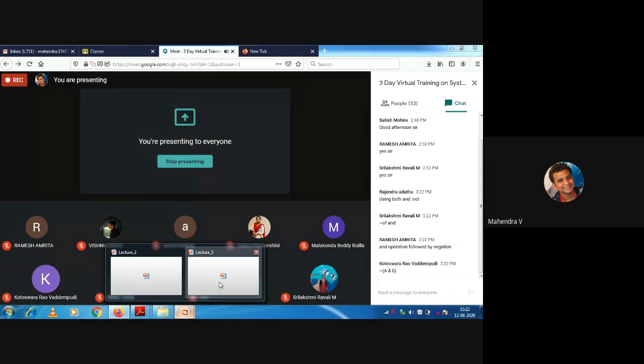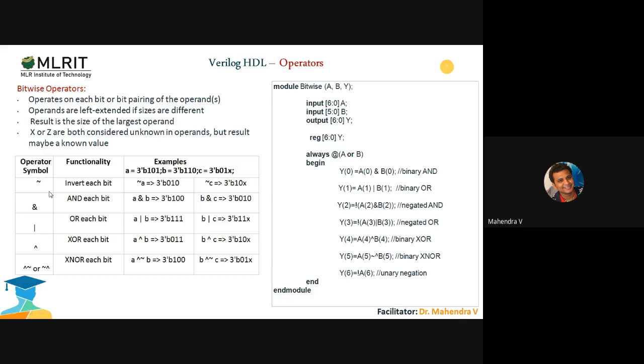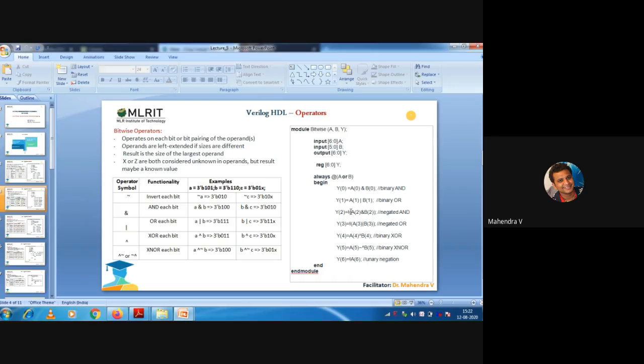Now we have to use the combination of negation and AND. Here in the example, I had kept this symbol, that also can be used, but you may get confused, that's why I'm changing it now.